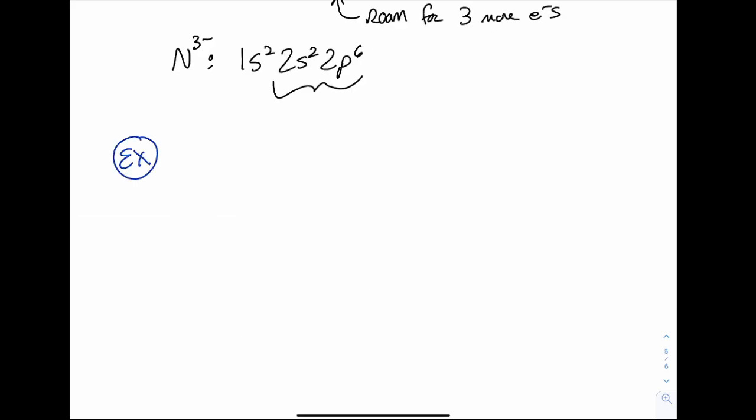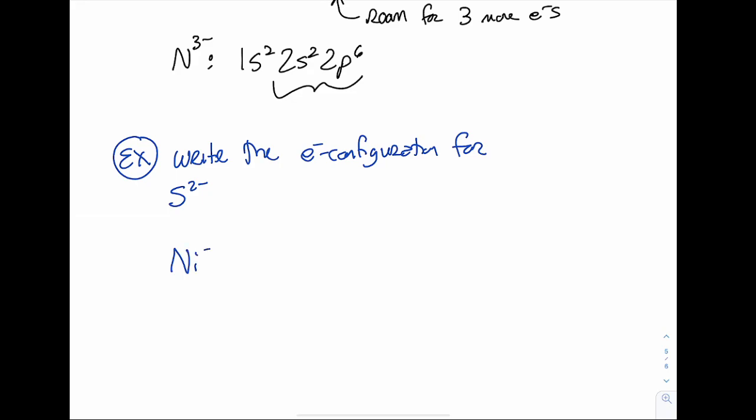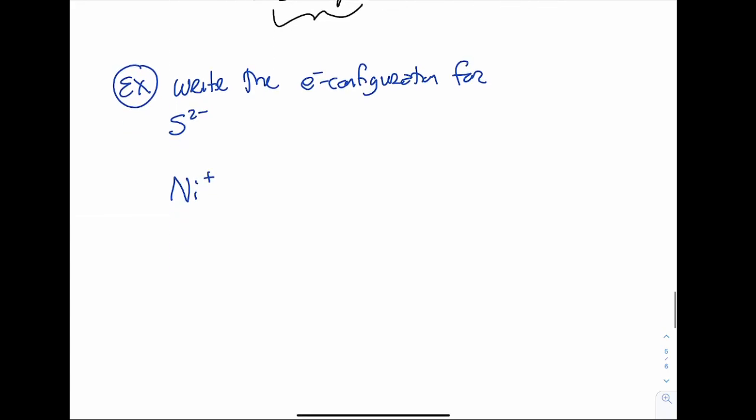Let's do a couple more, just writing electron configurations for different ions. So let's write the electron configuration for sulfur with a -2 charge. I'm just going to list a couple of them here. Nickel with a +1 charge, and barium, and I want you to tell me the charge on this one.